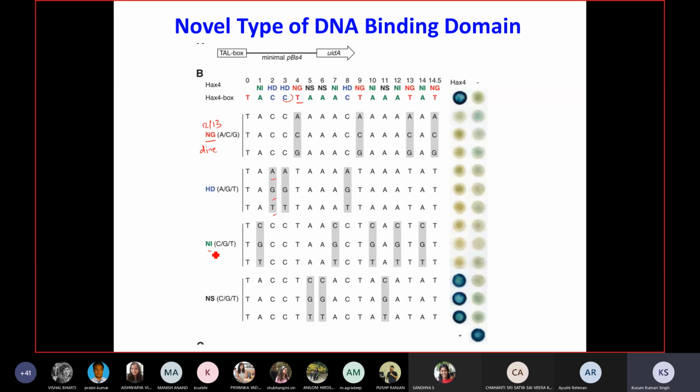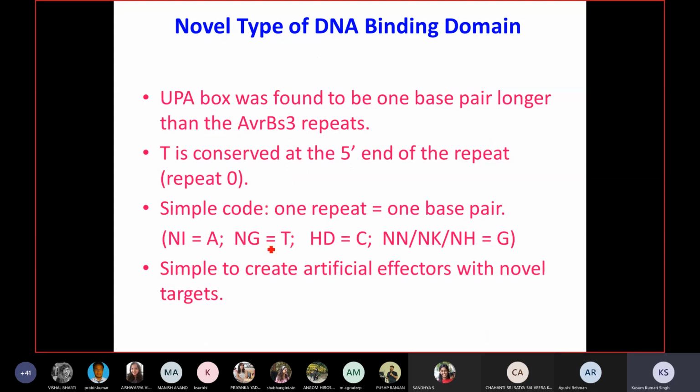Similarly, NI binds to A. Whereas NS binds to A or all other base pairs. And similarly there are other residues, for example NN, NK and NH, which all have some kind of affinity towards guanine residues.